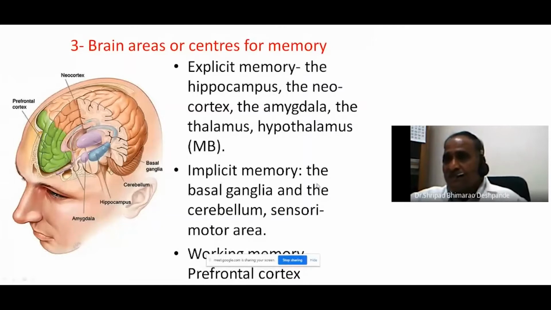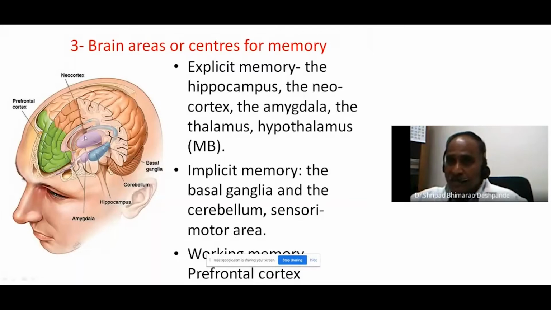Then implicit memory. Implicit memory is about skills and procedural components, or developing associative learning. That means classical conditioning, all those things. You require the basal ganglia, the cerebellum, and the motor area, especially the sensory motor area. You require these three components.